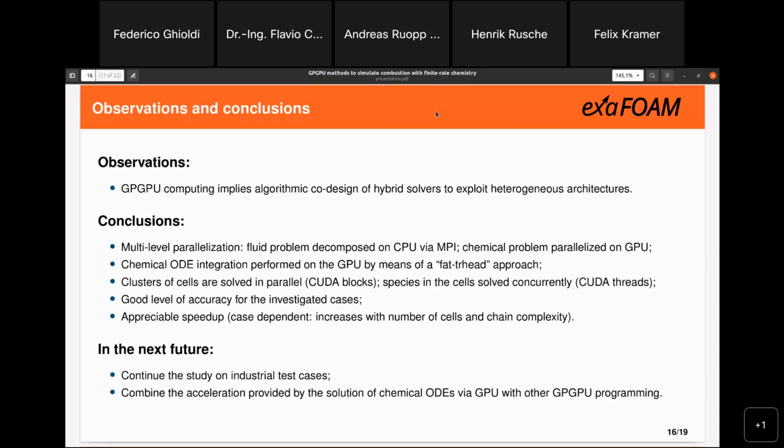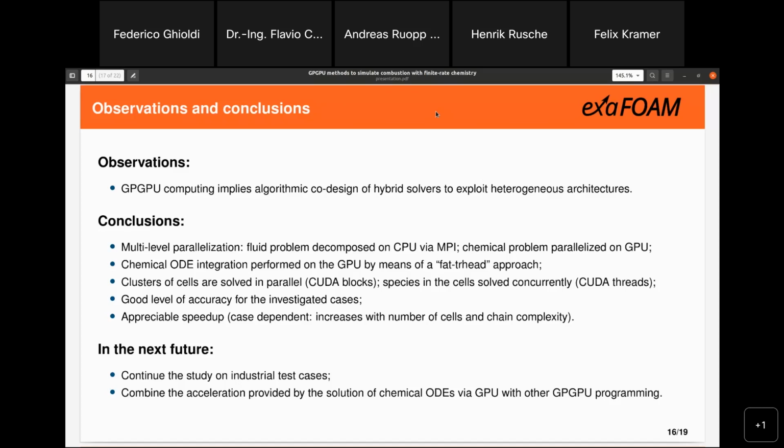And as I stated, the cells are solved in parallel, relying on CUDA blocks, and the species are solved in parallel as well, relying on the CUDA threads. At the current state, we have a good level of accuracy, as you have seen, and we have some sensible speed ups, which is of course case dependent, because we have seen that whenever we increase the complexity of the chemistry, the speed up tends to increase.